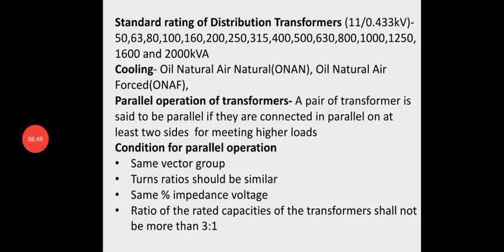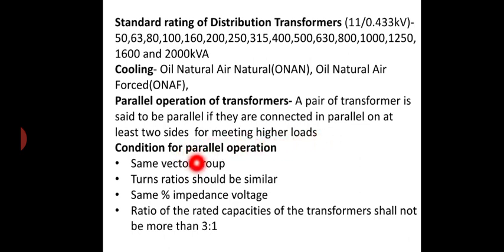The parallel operation of transformers. A pair of transformers is said to be in parallel if they are connected in parallel on at least two sides for meeting higher loads. So transformers can be operated in parallel to meet higher loads.